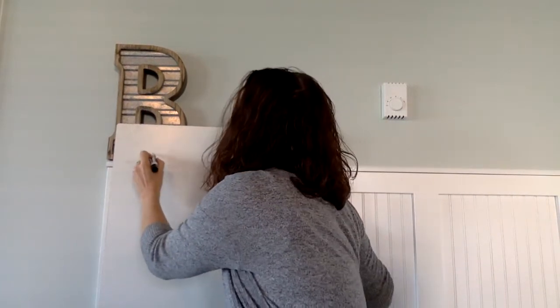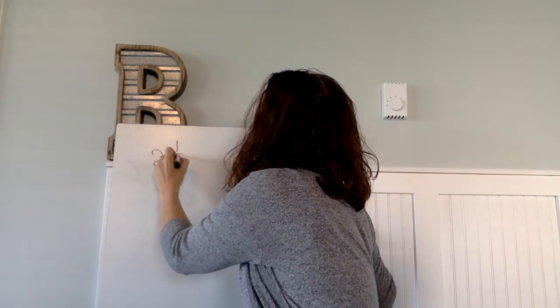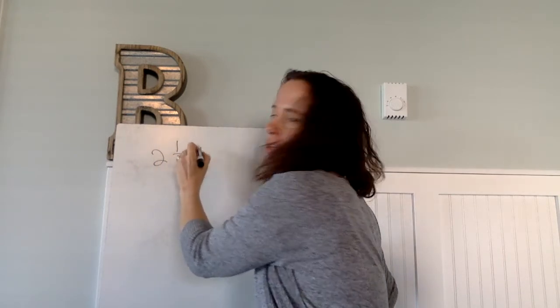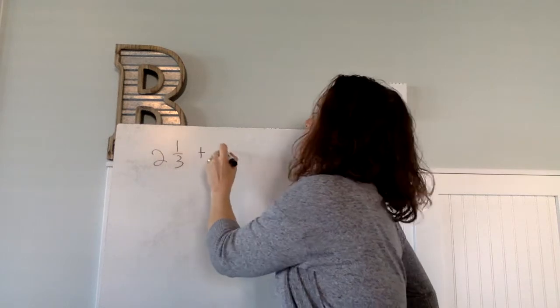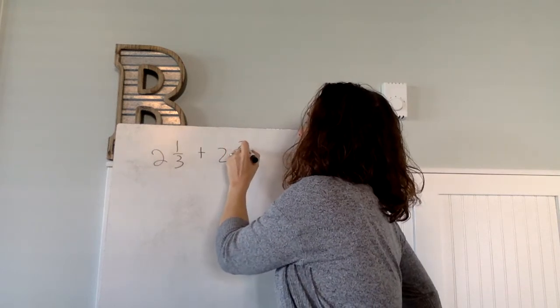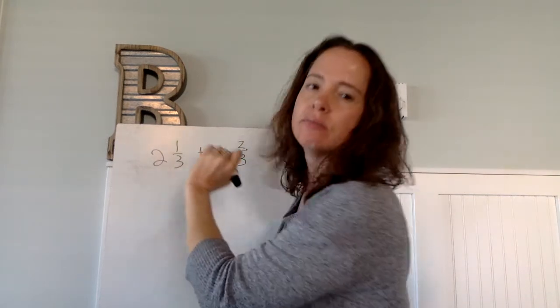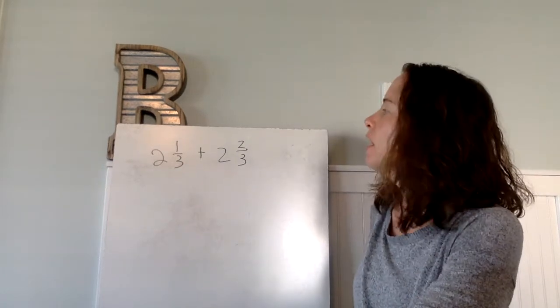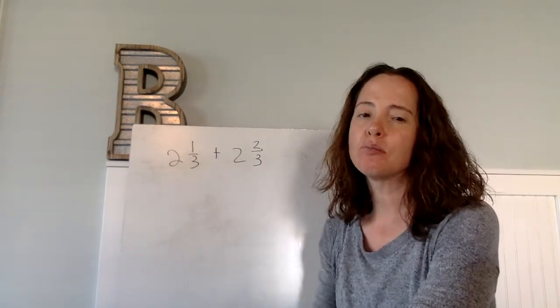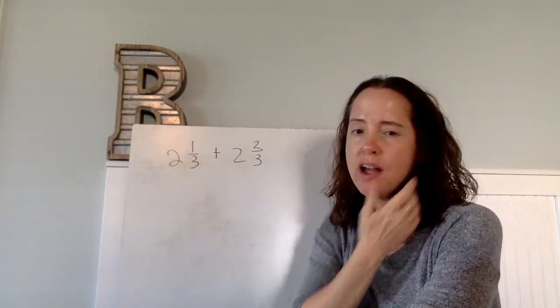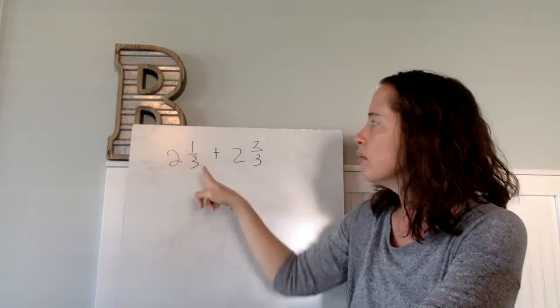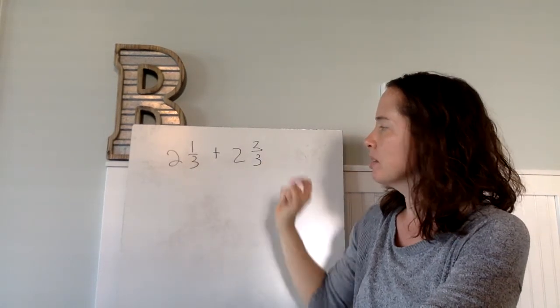So I'm going to use this example: 2 and 1/3 plus 2 and 2/3. When we add mixed numbers, we're going to add the fractions first. So what is 1/3 plus 2/3?